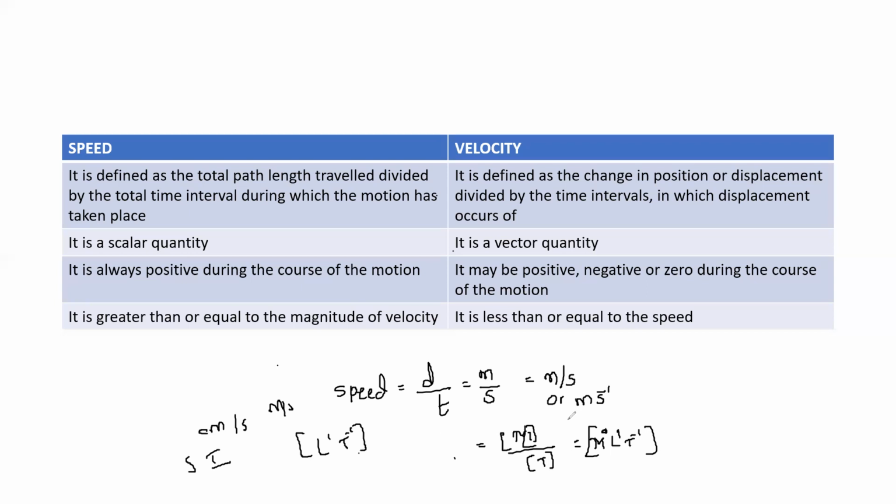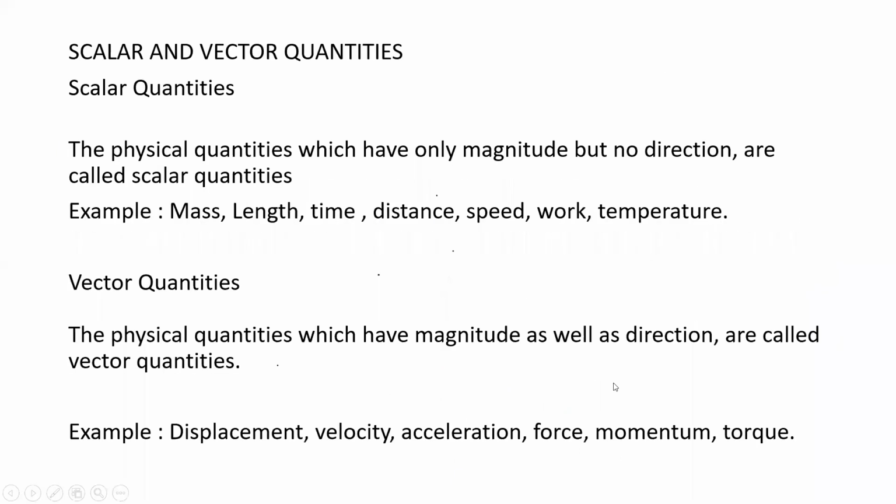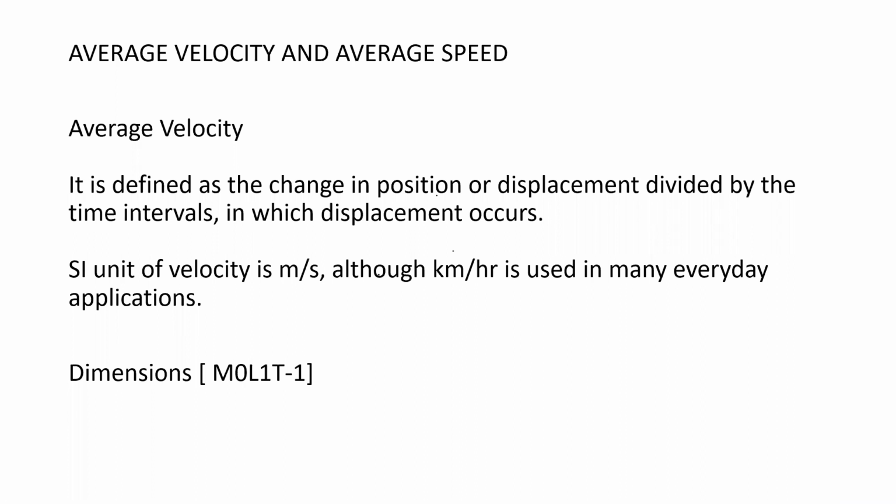Then next we can see types of speed and types of velocity. We have a total of 4 types.